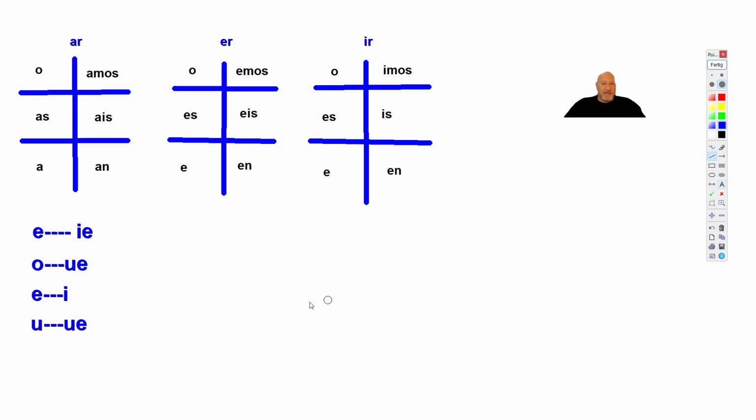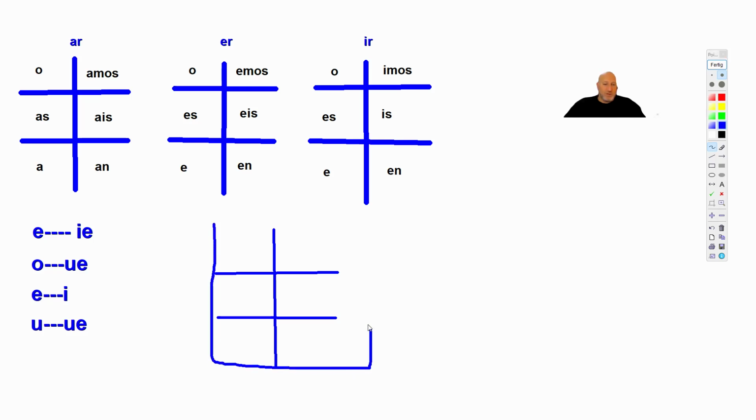Okay, let me explain how we do this. All these changes will follow something that we call the boot rule. So here we have the typical chart with all the boxes. Only in those boxes inside of the boot, we will change the stem.